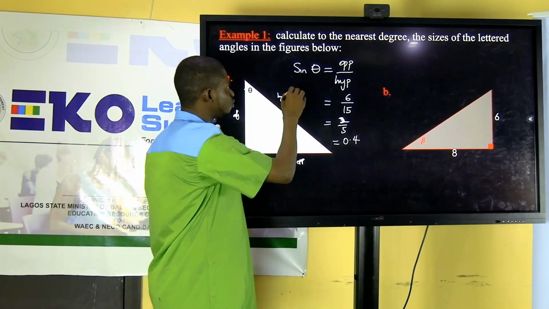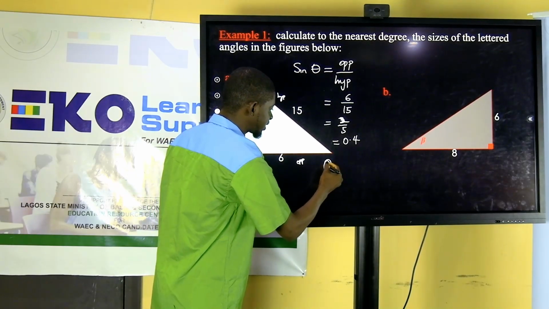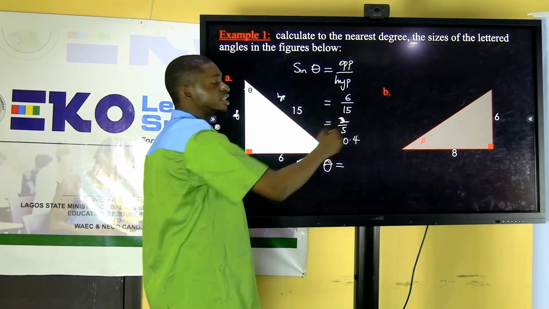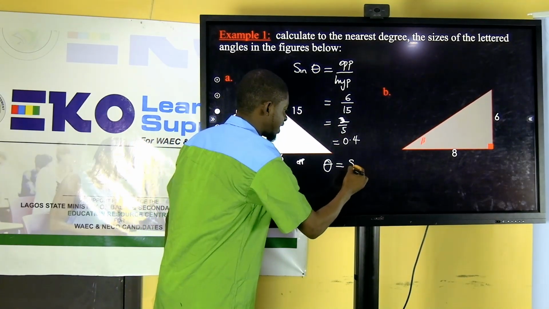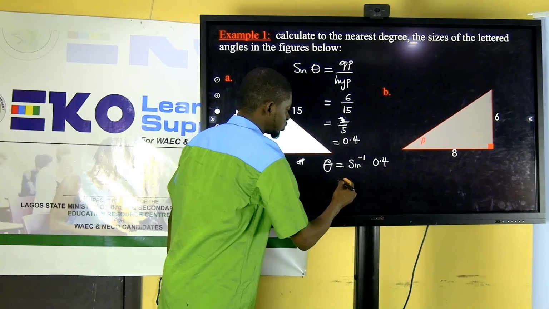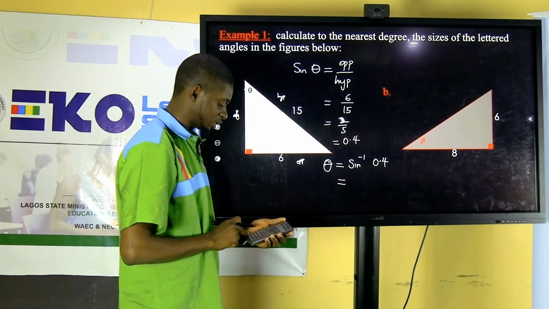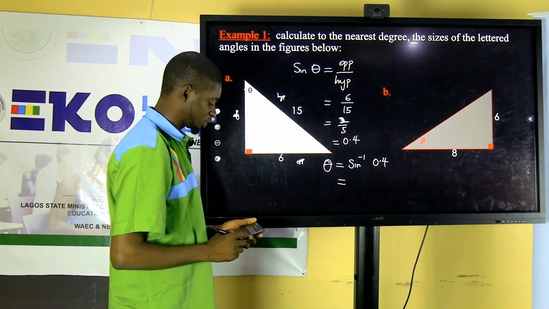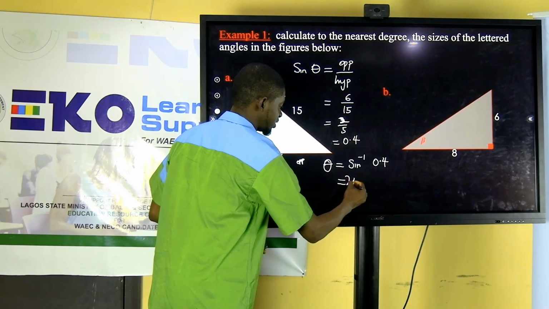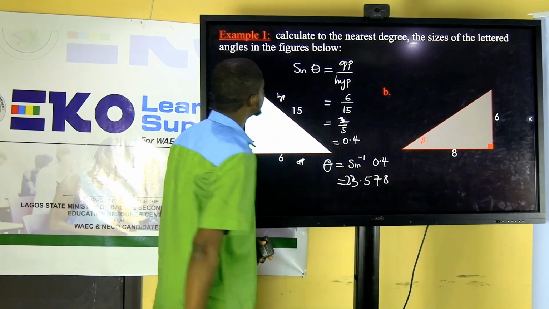Remember, we are interested in the angle, not the sine of the angle. So we make use of our calculator: theta equals sine inverse, which is similar to dividing both sides by sine. So it becomes sine inverse of 0.4. We can check this using our calculator. Sine inverse of 0.4 gives us 23.578 degrees.